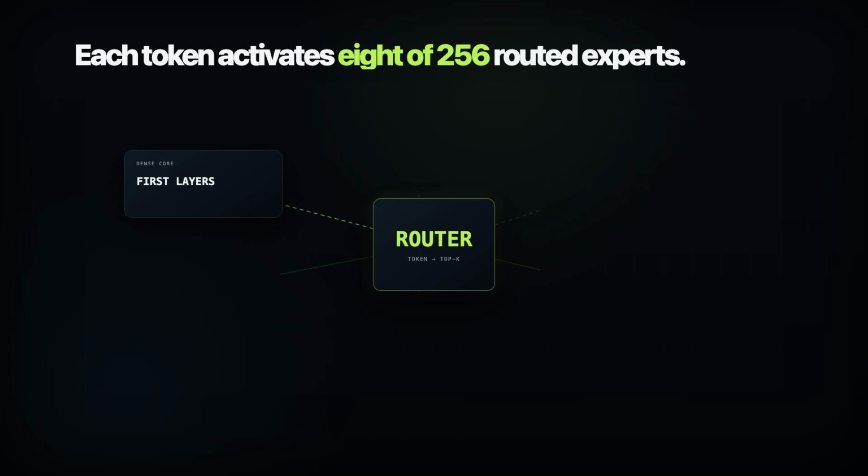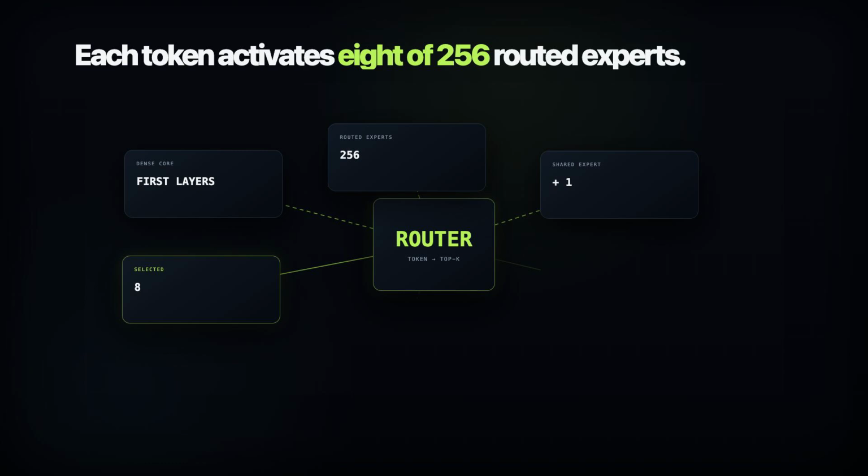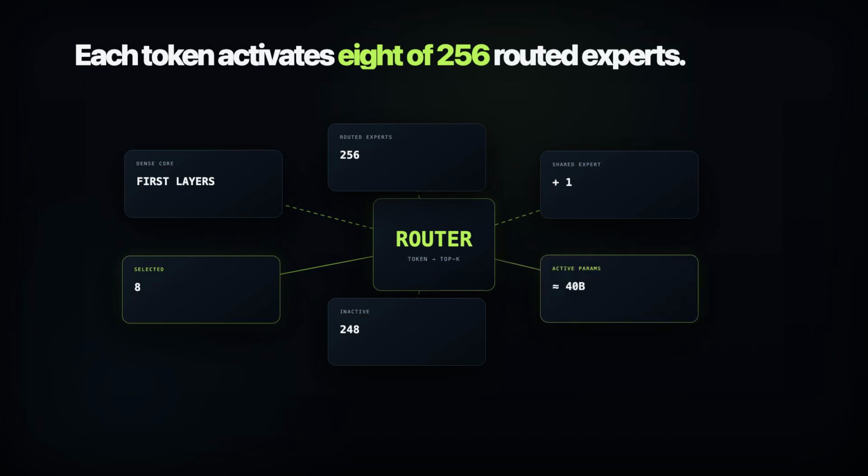Each MOE layer contains 256 routed experts, plus a shared expert. But for each token, the router selects only 8 of those 256 routed experts. The rest do nothing for that token. Across the network, Z.ai says that only around 40 billion parameters are active during a forward pass. That is only a small fraction of the model's 744 billion parameter total.